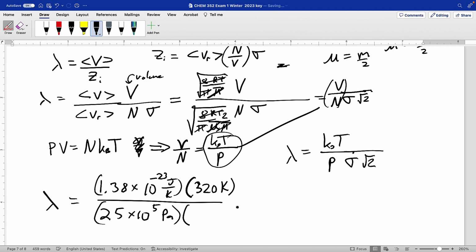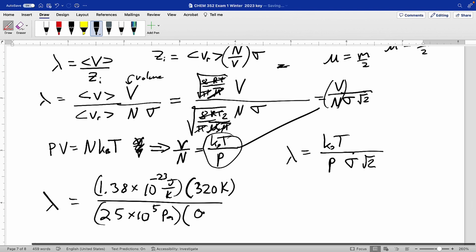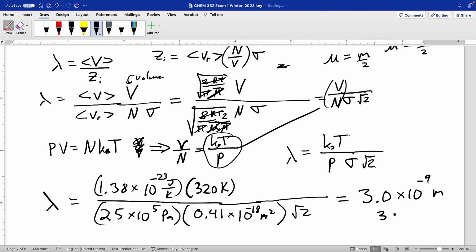Our collision cross section we said was 0.41 nanometers squared. So it's 10 to the negative 9th squared, so 10 to the negative 18th meters squared. And then we've got our square root of 2. Plug all that in, we get 3.0 times 10 to the negative 9th meters, or 3.0 nanometers.